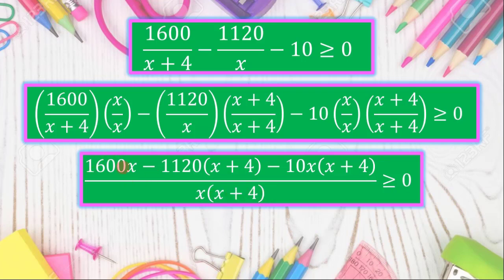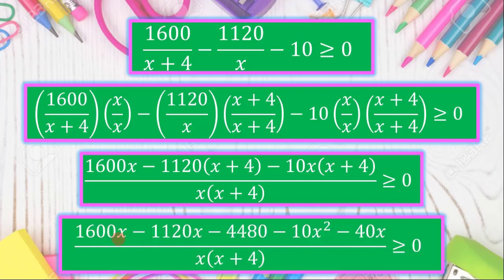So simplifying, we have 1600x minus 1120 times quantity x plus 4 minus 10x times quantity x plus 4 is greater than or equal to 0.